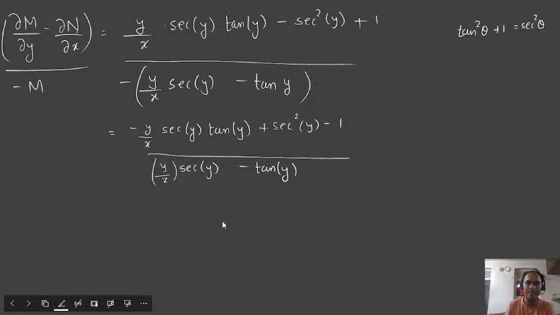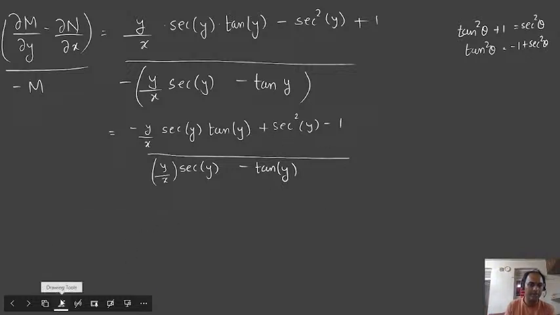So tan² theta is sec² theta minus 1. So I have a similar term coming.